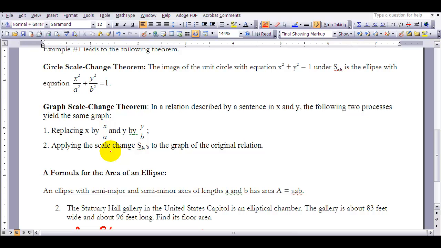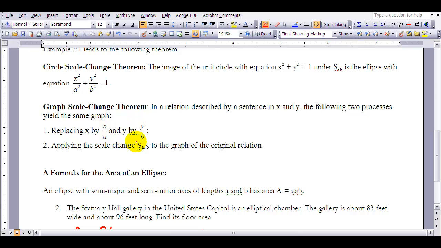Okay? It also leads to the graph scale change theorem, which is very similar to what we did when we did translations. And that is, if I do a scale change, it is the same as taking x out and replacing it with x over a, and taking y out and replacing it with y over b.